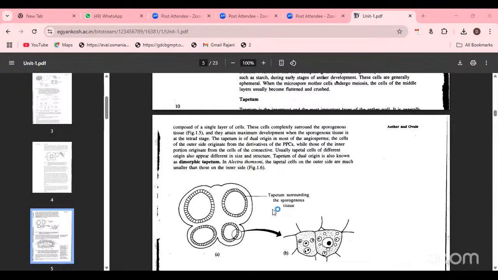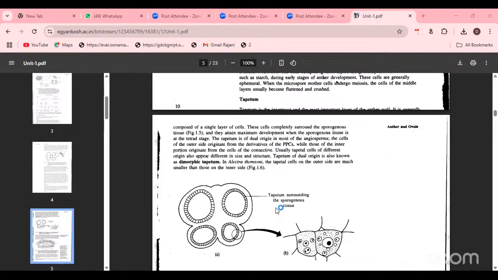In Alectra thomsonii, the tapetum is of dual origin, where the cells on the outer side are much smaller than those on the inner side. The size is also different.